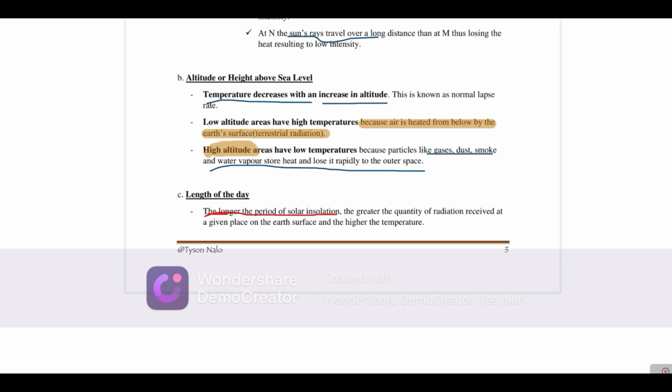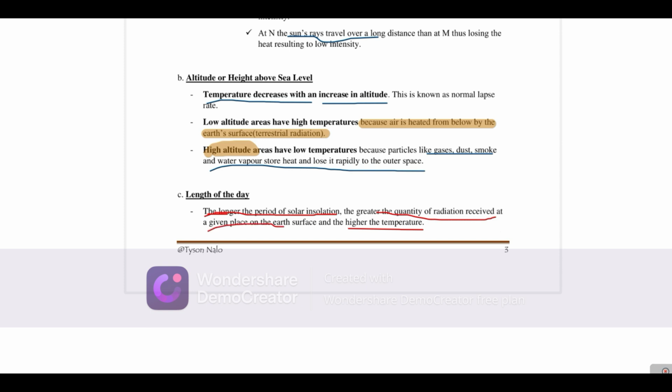What is the effect of this? It's going to influence the quantity that is received for that duration. So for a longer period of solar insolation, we are going to have a greater quantity of radiation received at a given place, and it's going to raise the temperature of the day. So we have this point, and another one about this one.